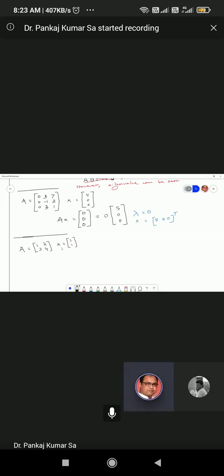So here also let us check whether it is an eigenvector or not. Ax is equal to 2 plus 1, that is equal to 3, and 7.